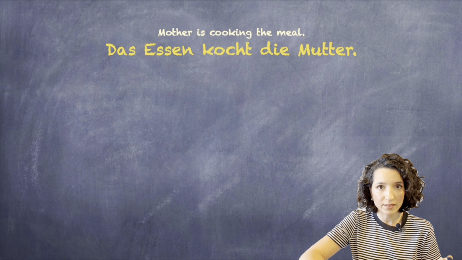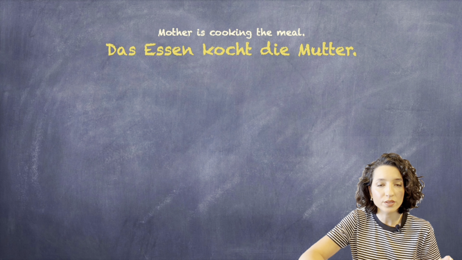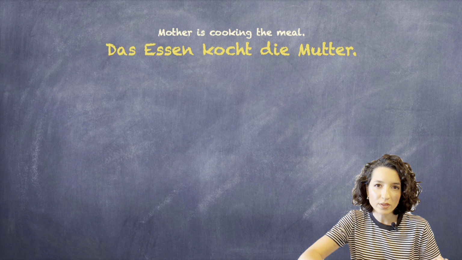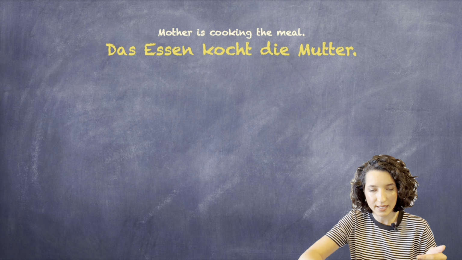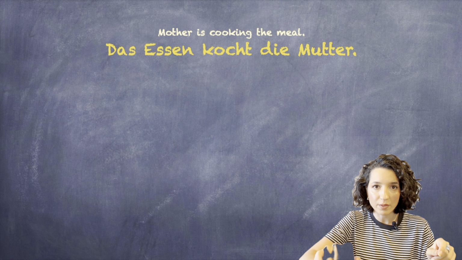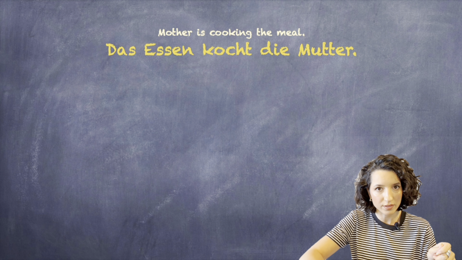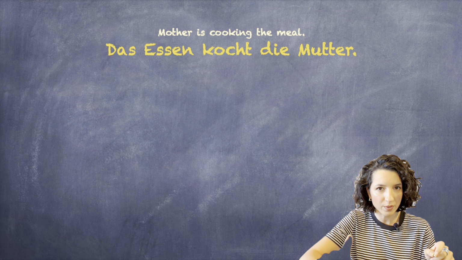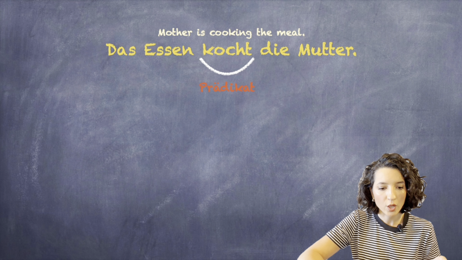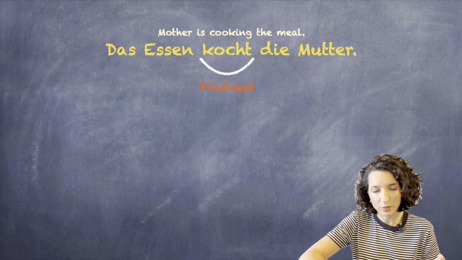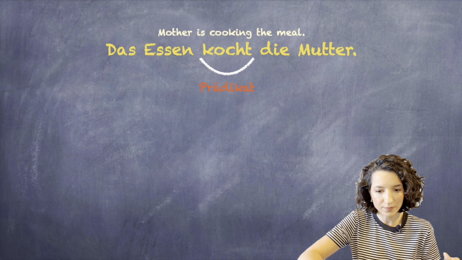And now we have the sentence, das Essen kocht die Mutter. So we took the first sentence, die Mutter kocht das Essen, and we mixed around the parts. And yes, you can do it, but you have to keep in mind one rule. So let's start with the verb kocht, which is the predicate, das Prädikat.